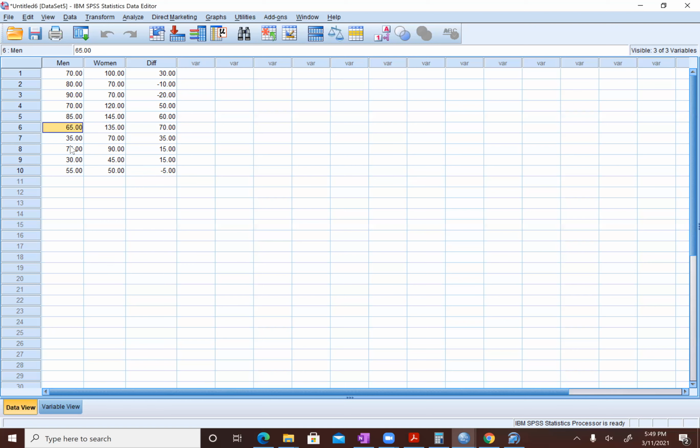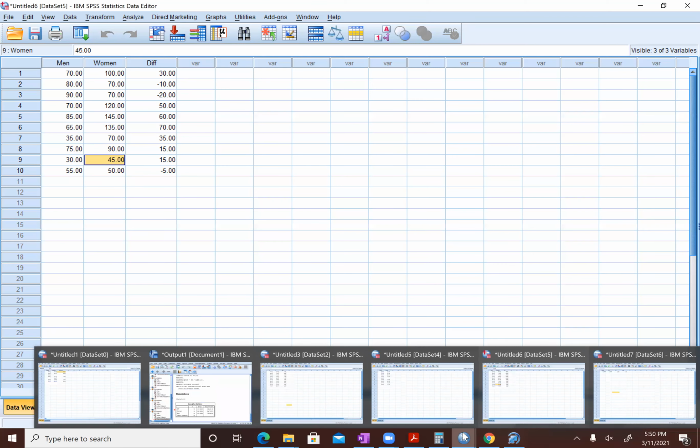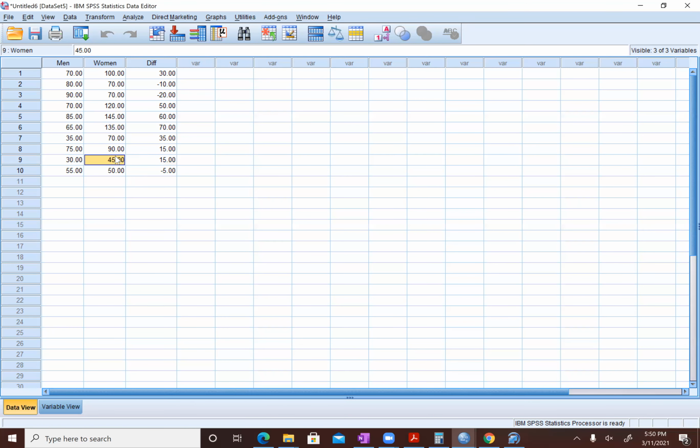So in that case, she is bringing in a statistical significance towards the conclusion that women put in less time than the men, because the men's average over here was something like 65. So she put in less time than that.